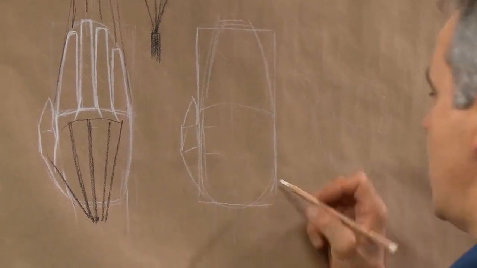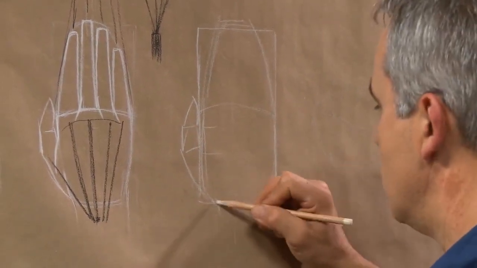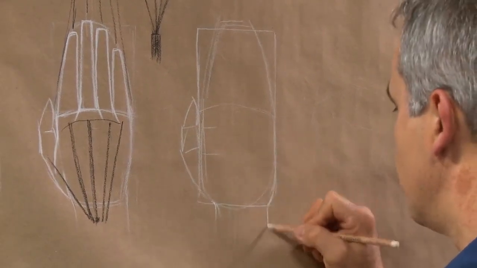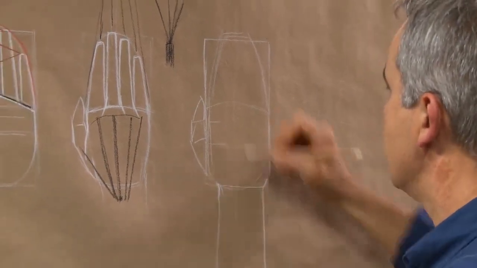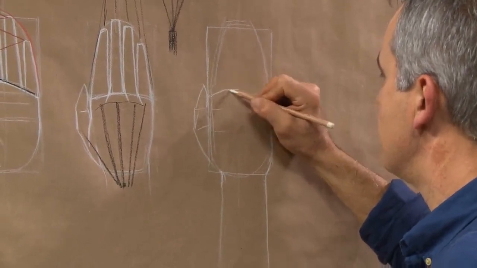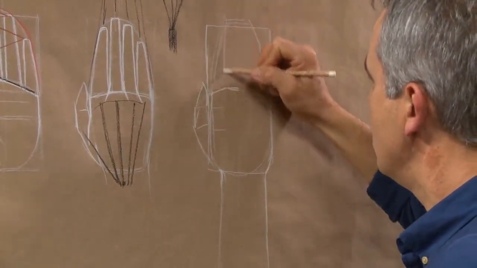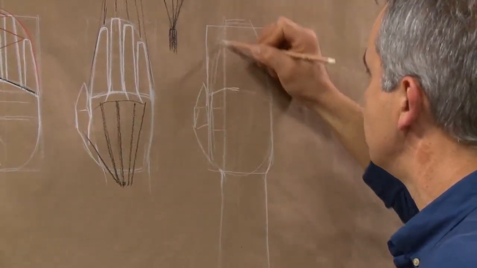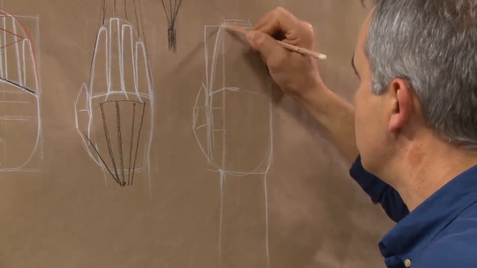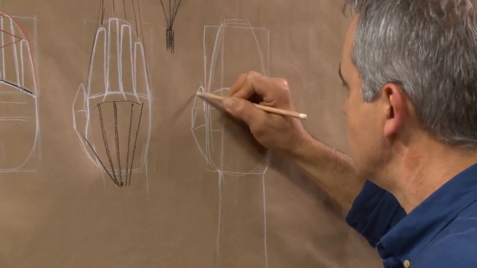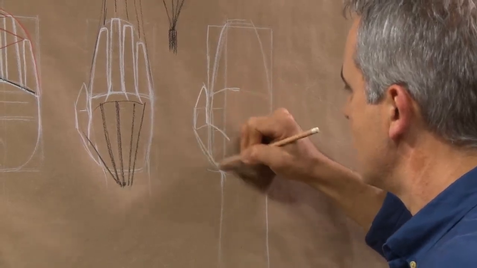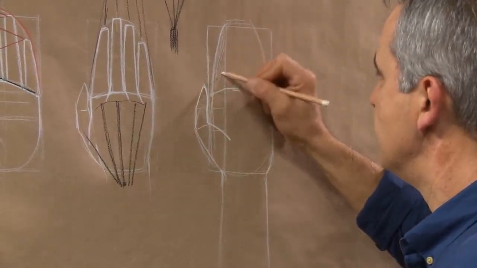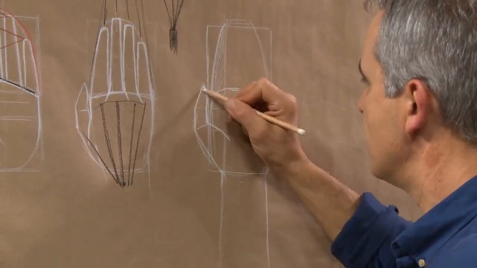It's going to be offset to the right here, to the right in this case, of course. So, as I draw my wrist, I want to do this. Keep in mind that all this portion of the hand will be outside the width of the wrist.